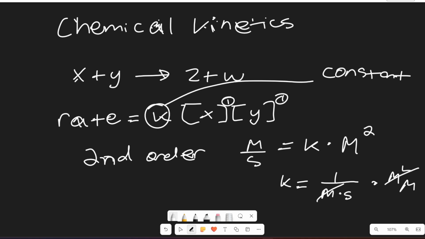So if our temperature is going up, then our K value for the reaction will also be increasing at the same time.